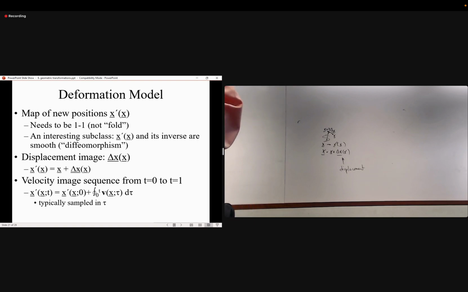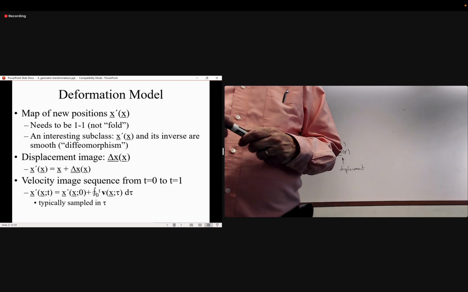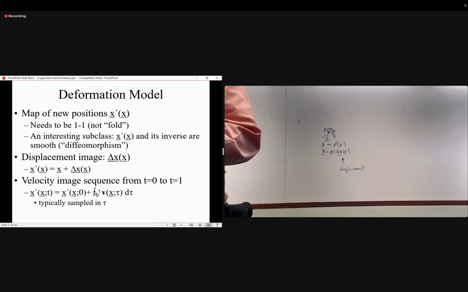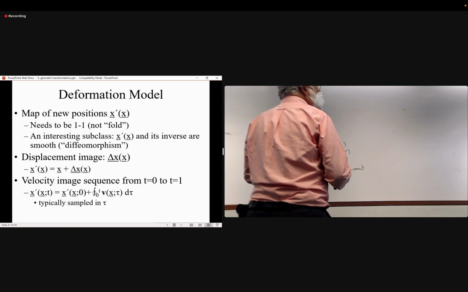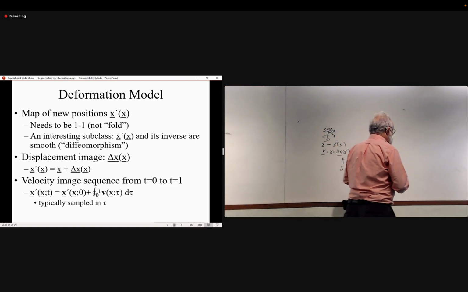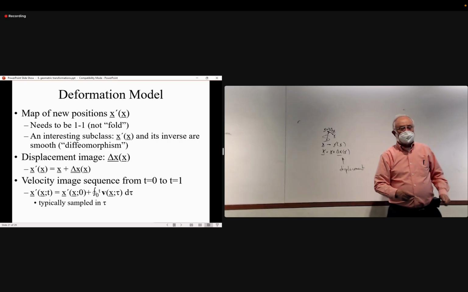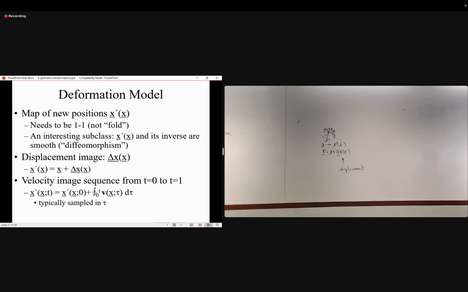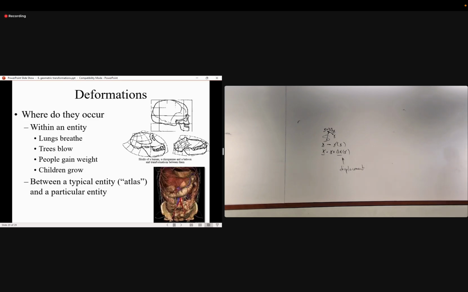And so one possibility is to do what you've done on assignment 7, that is to say, to have the delta x's, the displacements, at a limited number of places in a grid, and then interpolate all the other ones, approximated by, for example, Kepler-Clark or Splines. But another problem that frequently occurs is that we're able to identify common places in the image.